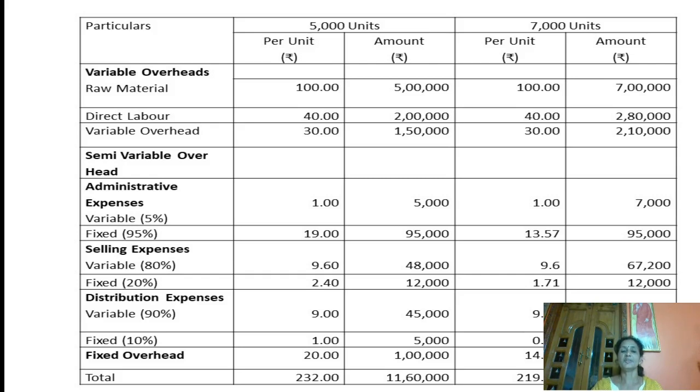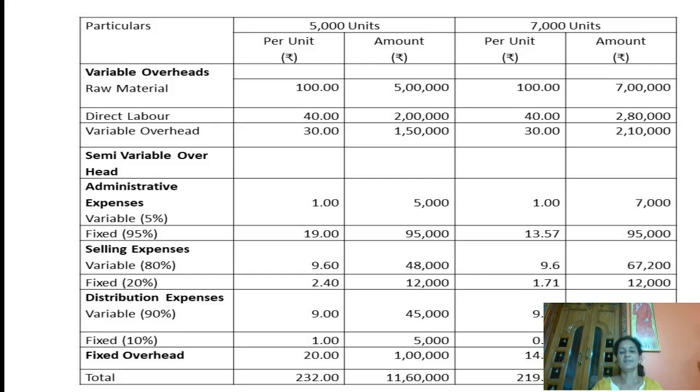So 5,000 into 9, you will get 45,000. That will be the variable cost for 5,000 units related to distribution expenses. Similarly, for 7,000, 7,000 into 9, you will get 63,000. Again, that will be the variable cost related to distribution expenses at 7,000 units capacity.